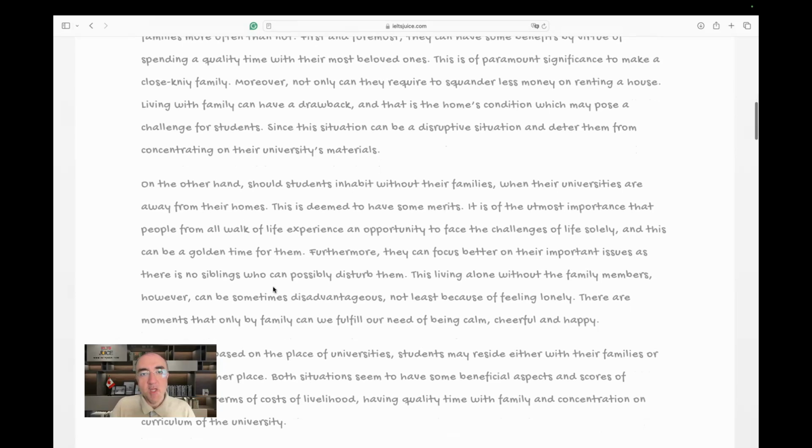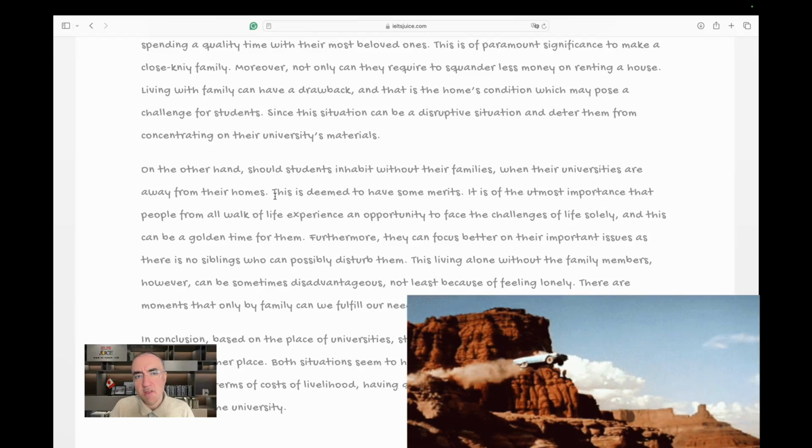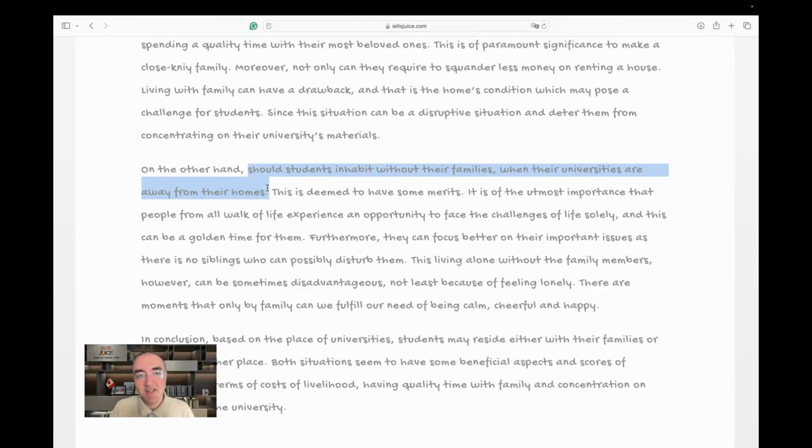On the other hand, should students inhabit without their families? This is a very heavy word for this type of sentence. Live without their families is better. When their universities are away from their homes, this is not a sentence.